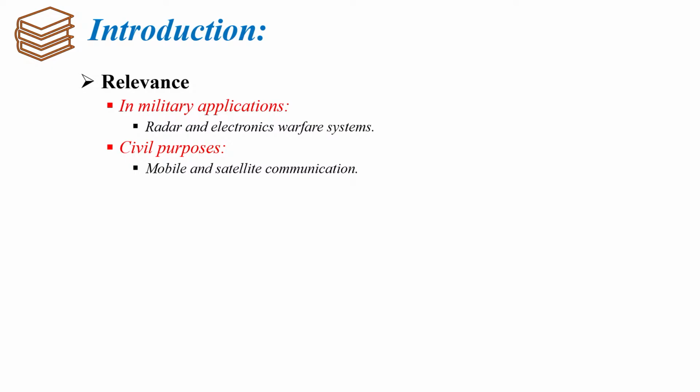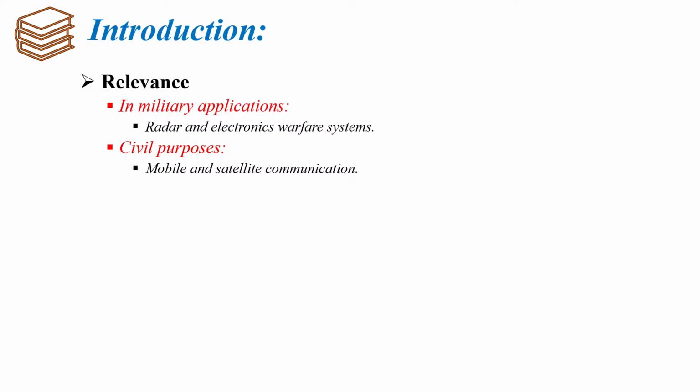Over the past 3 decades, the emergent commercial, or we can say civil and defense market of the wireless communication has led to explosion of interest and opportunity for designing different types of microwave components. This is mainly because of the application in the military and civil domain.